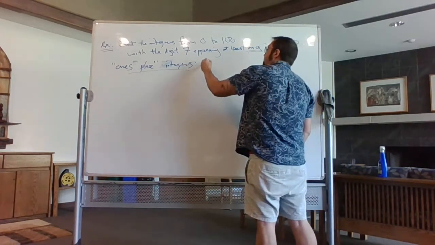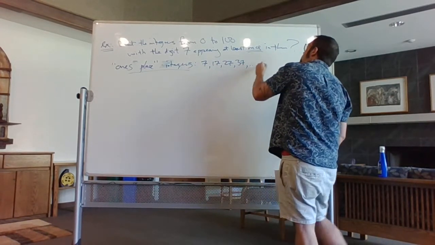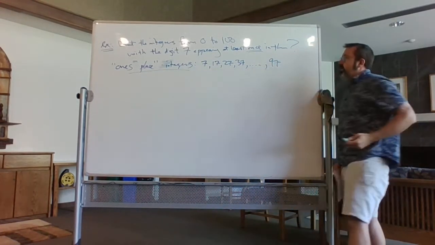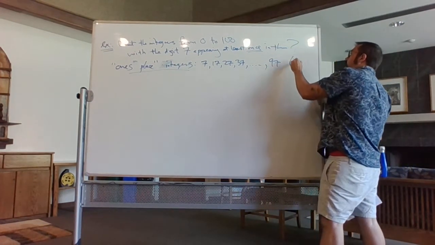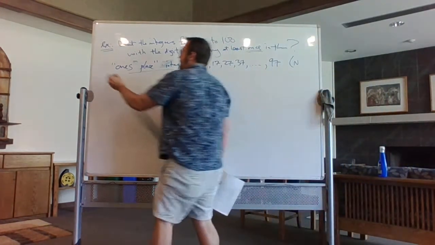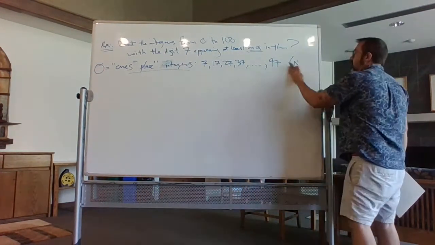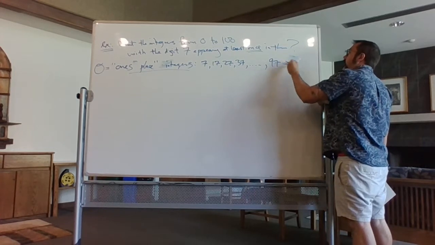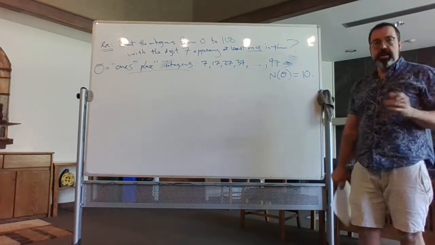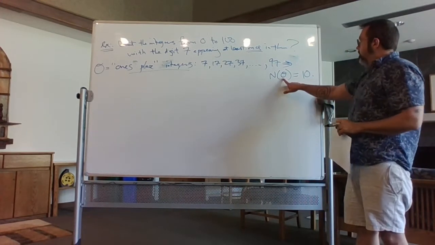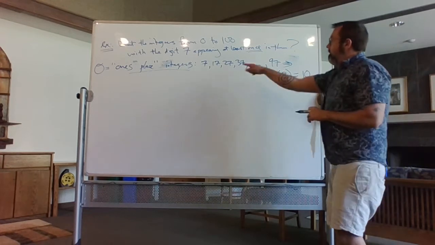So you get 7 itself, 17, 27, 37, and so forth up to 97. And if we call this set O for ones place integers, the number of elements, the number of outcomes in the event O is 10, right? Because there are 10 such.